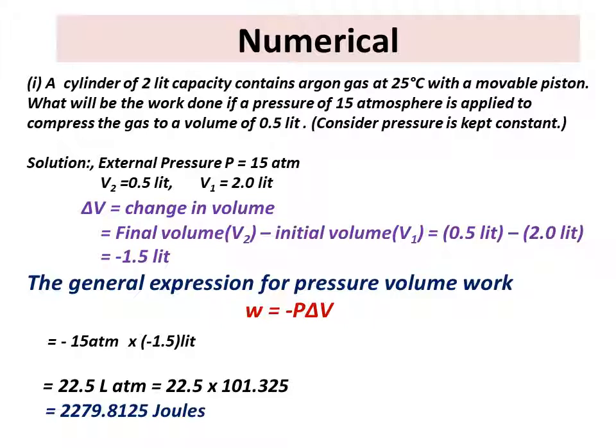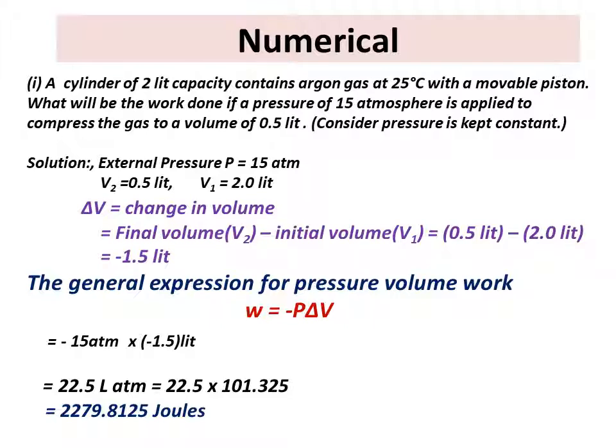In this way you have to solve the simple questions. You have to assign the sign, whether it is negative or positive. That is very important, and it bears some marks. If you don't put the sign, some marks may be deducted.